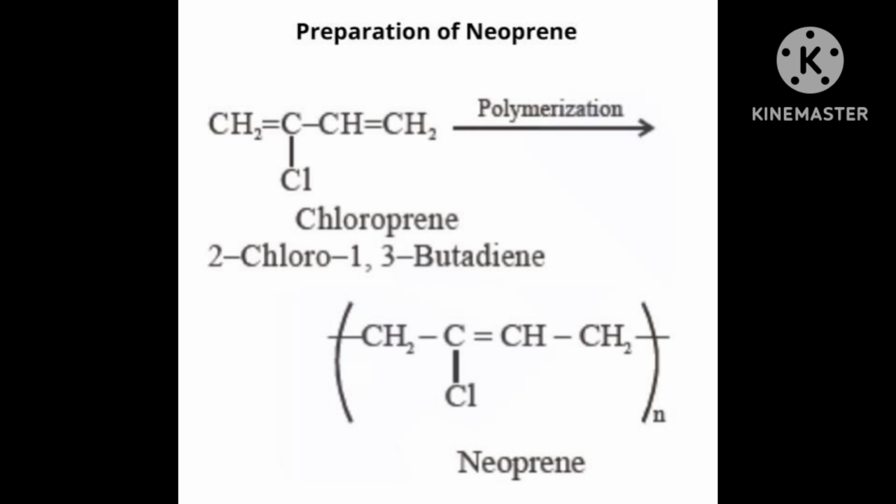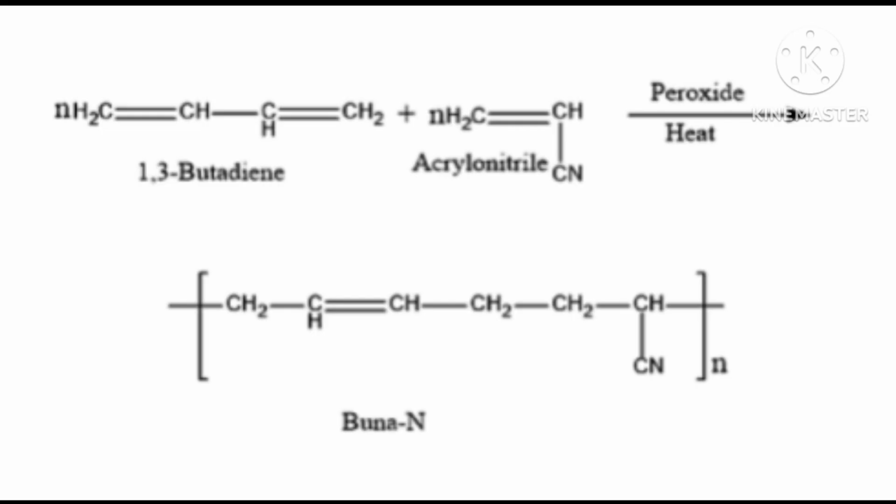In the manufacture of tire, about 5% of sulfur is used as a cross-linking agent. Here I told you one additive is required.